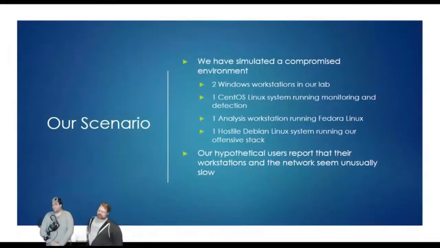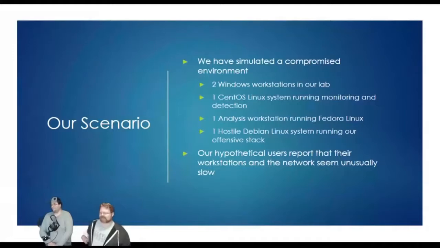So in our scenario here, we've simulated a compromised environment. We have two Windows workstations in our lab. We have one CentOS Linux system running monitoring and detection software. We have one analysis workstation that's running Fedora Linux. And we have one hostile Debian Linux system running an offensive stack.